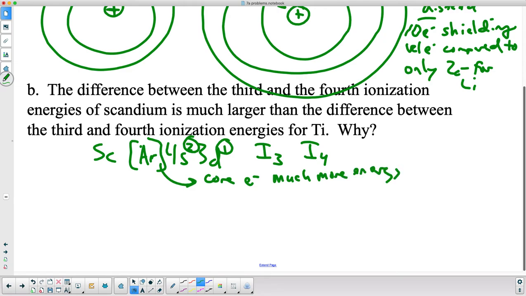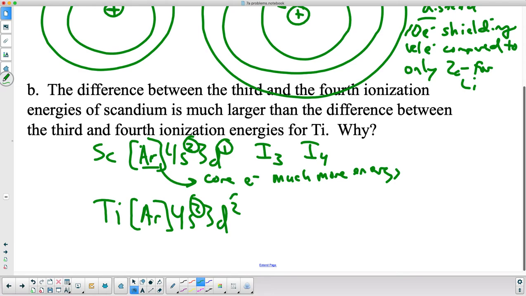And how can you tell that it's a core electron? Take a look at the electron configuration. Scandium only has 3 valence electrons, so the 4th electron will have to come from argon, and that's why it's a core electron. Titanium, however, is still argon 4s2, but in this case it's 3d2 because it's the second one over.